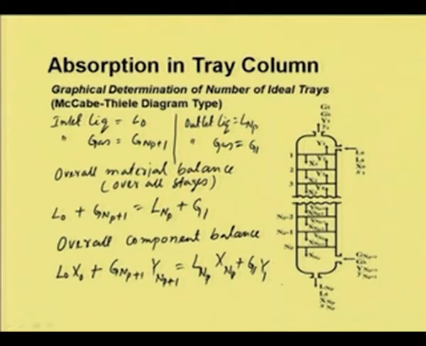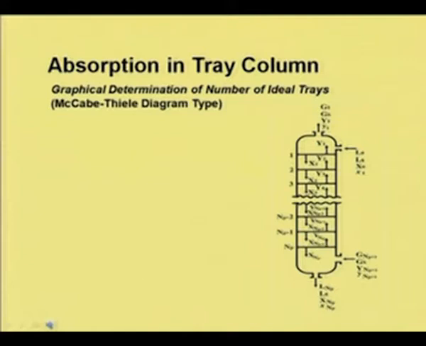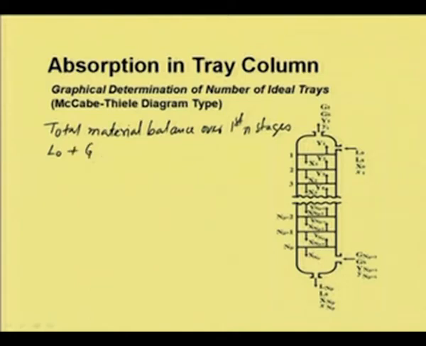Now if we do the total material balance over the first n stages, we can write L0 plus Gn plus 1 is equal to Ln plus G1.